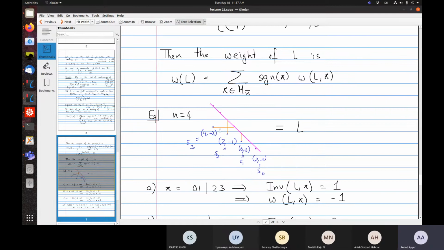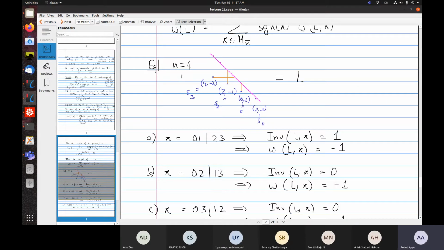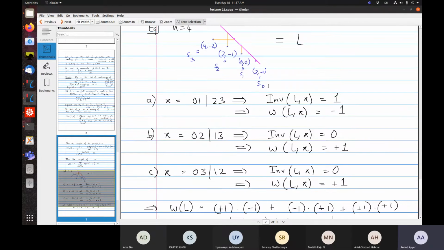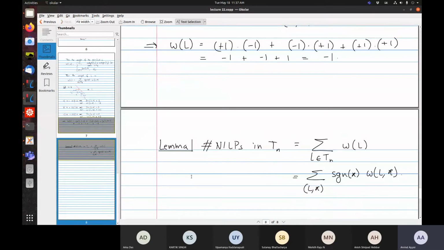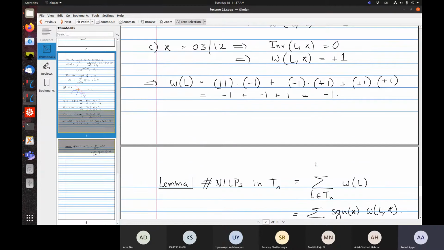So we did this example with one crossing and of size 4, so that there are 3 matchings, and for each matching we computed the inversion number and hence the weight, and we computed the sum of the weights by also involving the sign of the matching. Okay, and the lemma that we are going to prove now is that the number of non-intersecting lattice paths is given by this sum of these weights over all lattice paths.